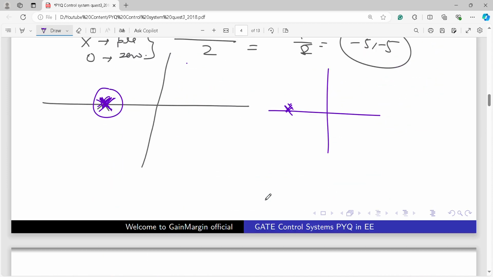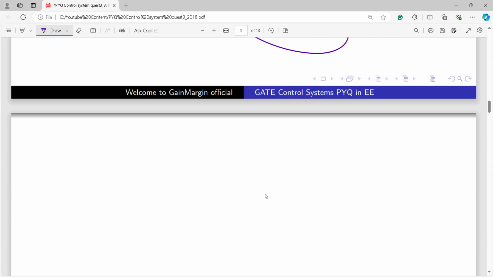In case of an overdamped system, poles will be real and distinct. But in case of critical damping, poles will be real and equal to each other. So let me solve this also, to prove how the poles come.